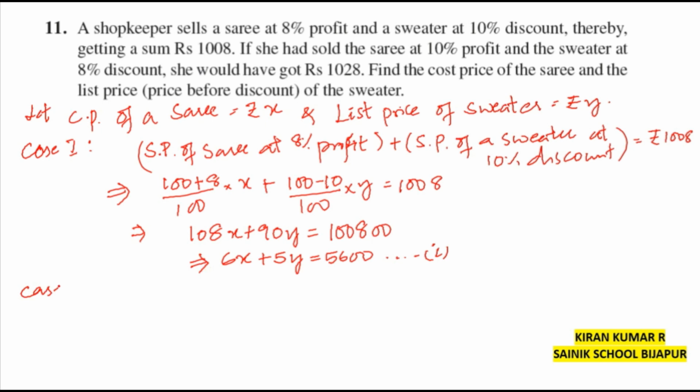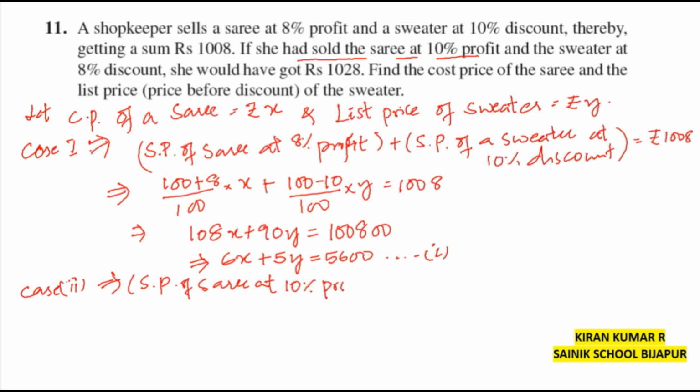What is case 2? In case 2, they have given that if she had sold the saree at 10% profit and the sweater at 8% discount, she would have got rupees 1028. So let me mention it here. Selling price of saree at 10% profit.